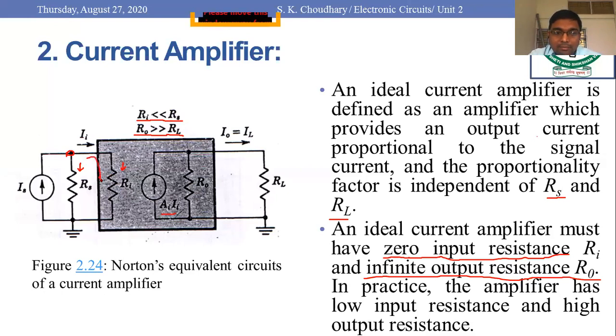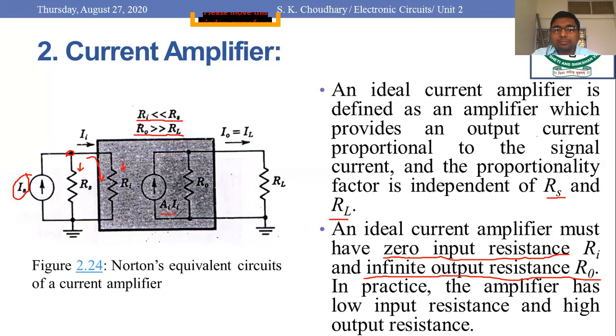This network across Ri is the low resistive path, and there is a high resistive path across Rs. So this Is would flow across Ri instead of Rs, because Rs is a high resistive path. And if it is so, then Is is equivalent to Ii. So whatever the source current, that would directly appear across the input resistance Ri.